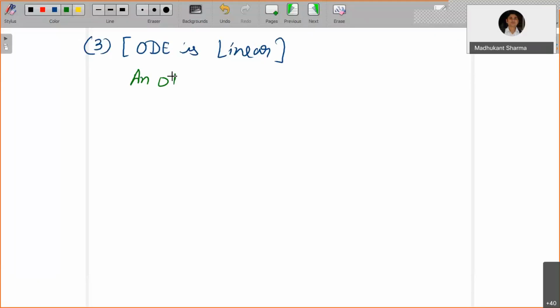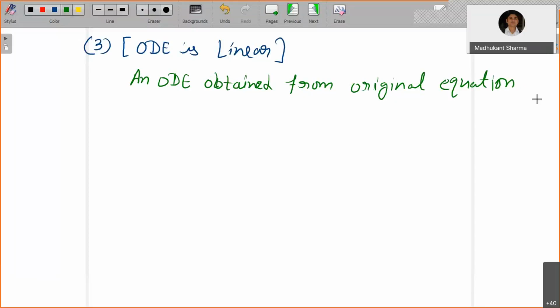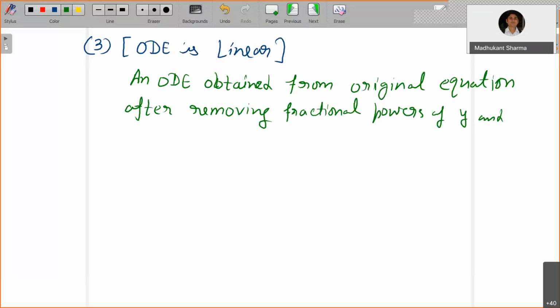So an ODE obtained from the original equation, again and again I want to mention this so that it is clear, obtained from the original equation after removing fractional powers of y and its derivatives and radical terms.